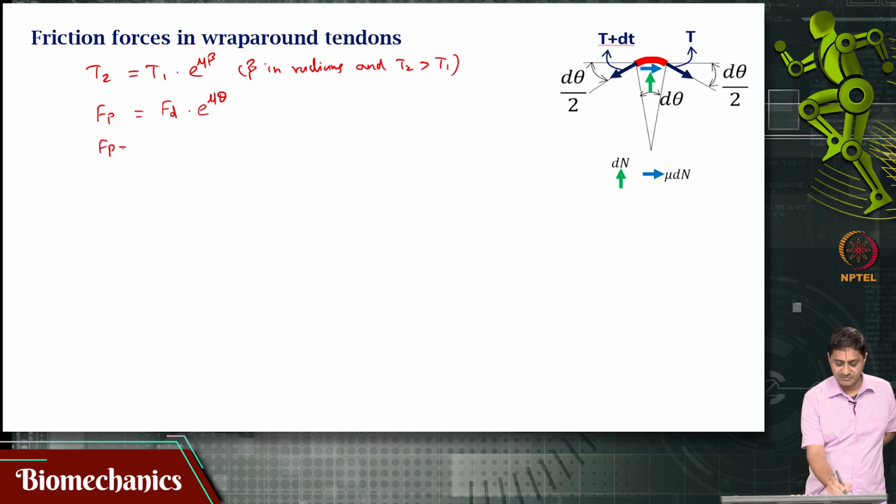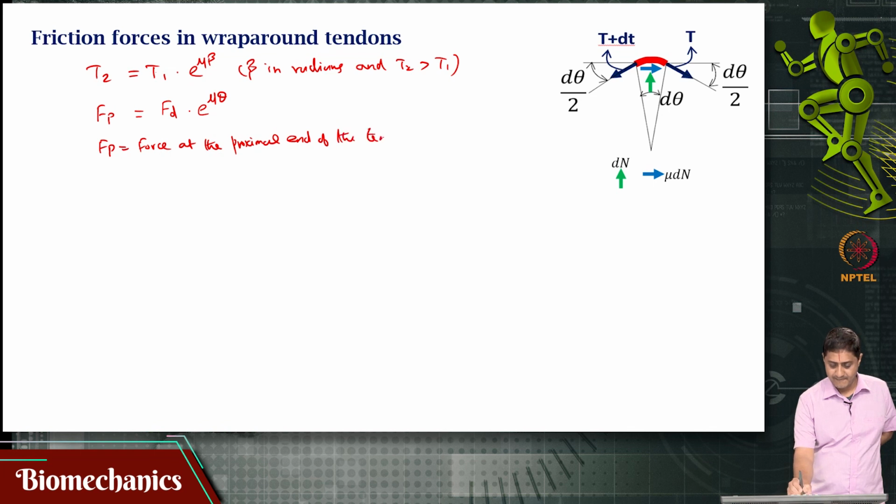Let me write this out. Fp, force at the proximal end of the tendon. Fd is the force at the distal end of the tendon.